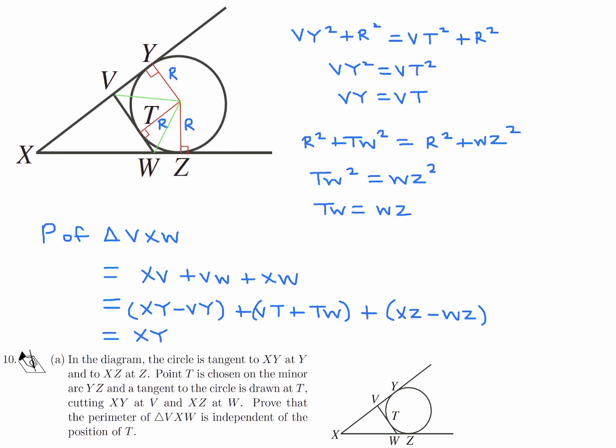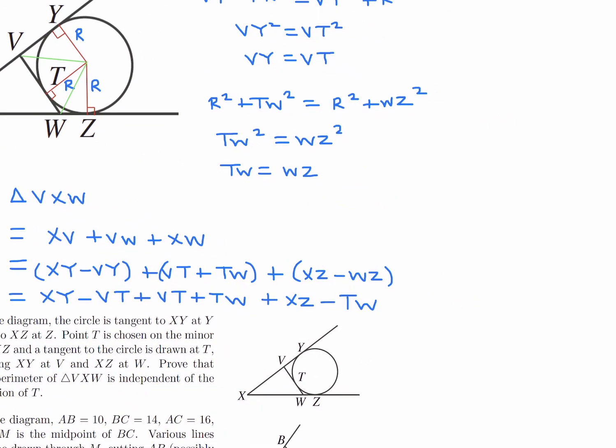So we got XY minus VY, but VY is the same as VT. That was what that whole deal was about. So I write VT. Then this is VT plus TW, correct? Plus XZ minus WZ, but WZ is the same as TW. So put that in there.